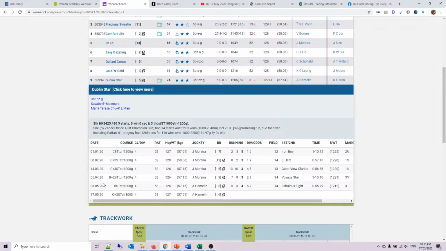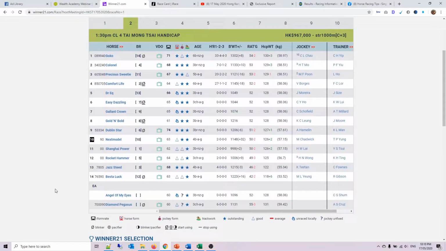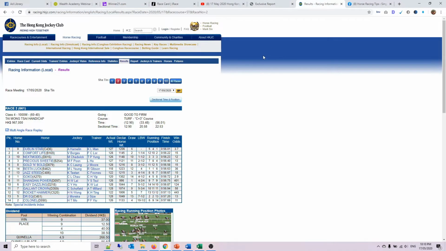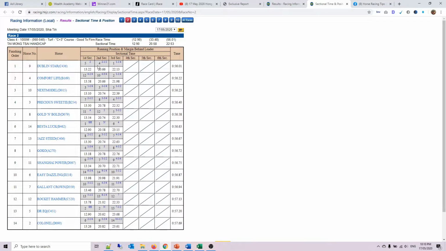So does that mean that on other runs it's not good? It's not the case. How I do it is that after every race day, I go through all the sectional timing for every race. Then from there, I look at how they ran, look at the race results again, and look at the videos again, and try to figure out which horse had some incident or got blocked.